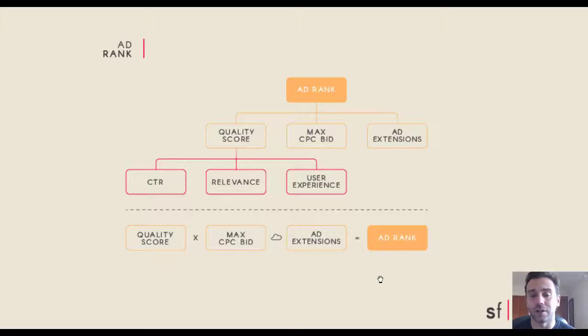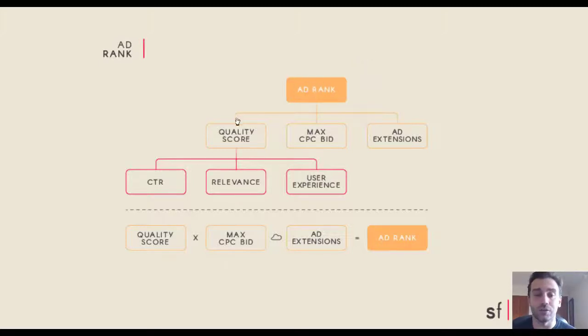We can't get a clear formula like we used to have. But it's still useful to visualize it this way because it shows us the main levers that we can push and pull. Now, taking that in mind, let's go to the top here of the diagram and we can then see how that filters down, and we'll discuss what can you actually do to be more efficient and optimize your ad rank with your campaigns.